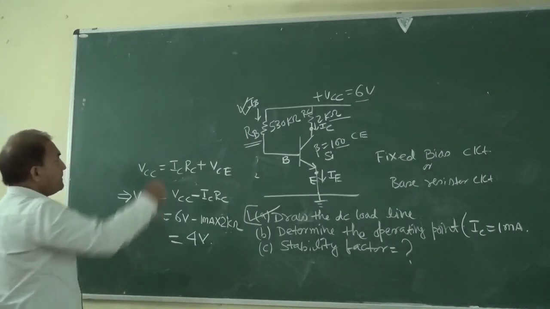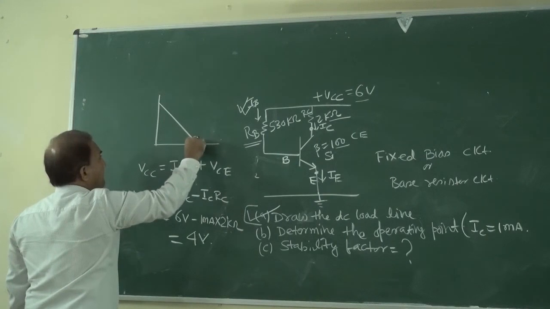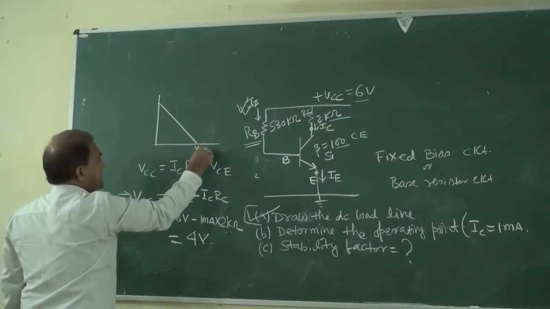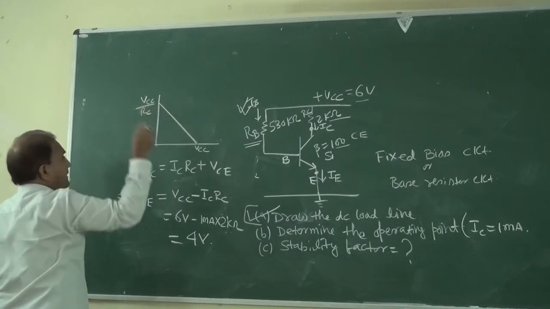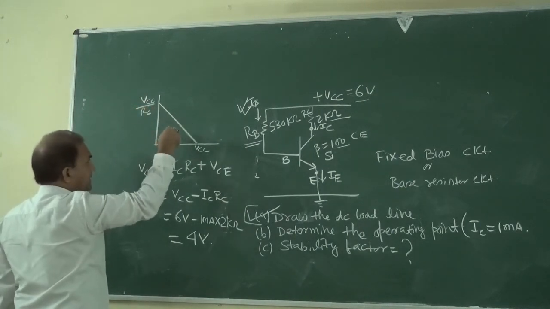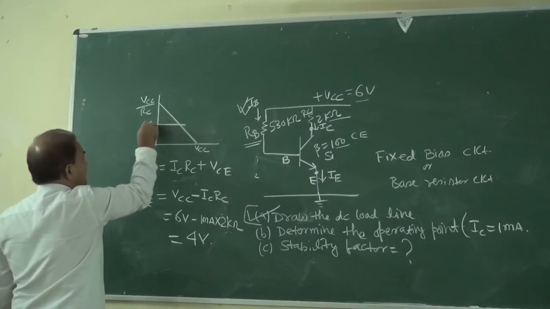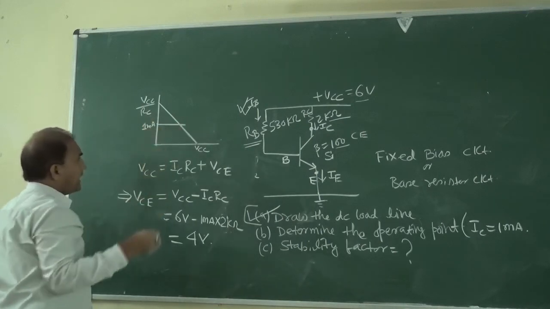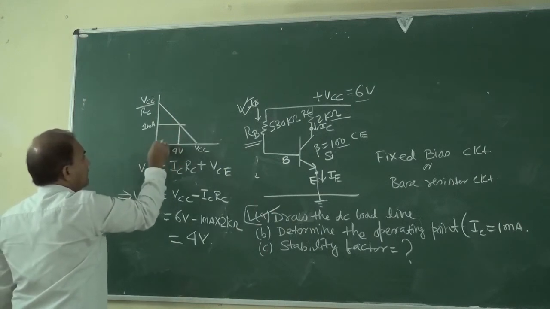So the operating point: on the axes, the points are VCC and VCC by RC, and the operating point is 1 milliampere and 4 volt.